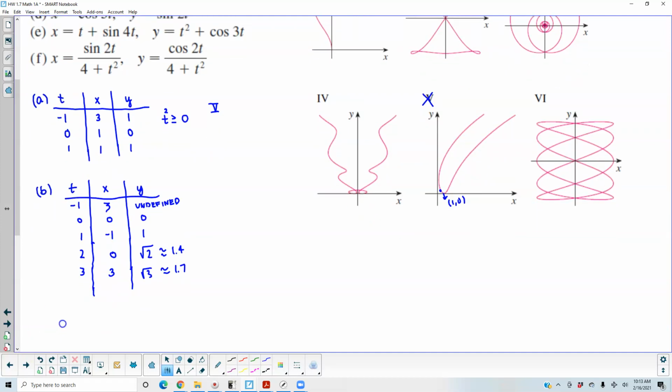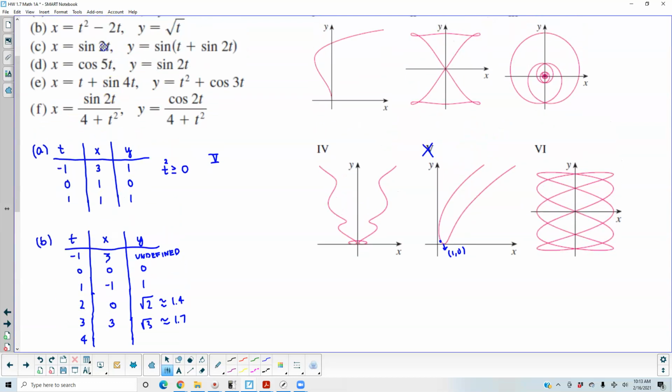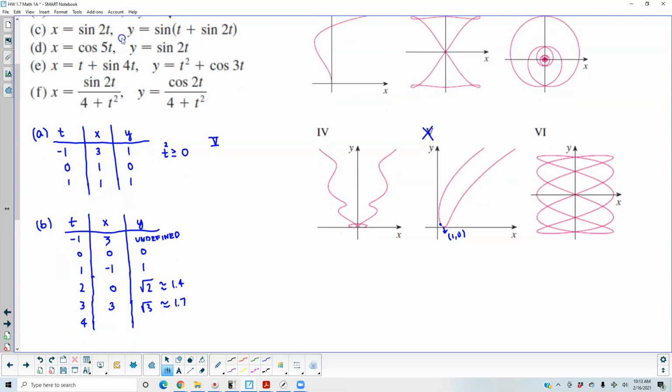Let's try 4. If we square 4, we get 16 minus 2 times 4, which is 8. And the square root of 4 is going to be 2.